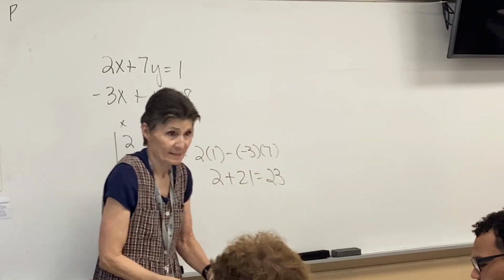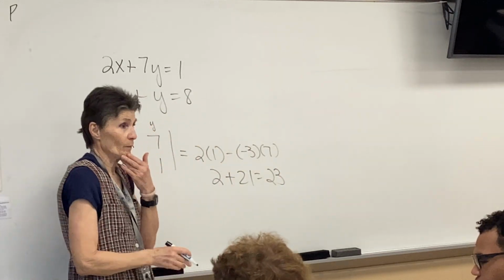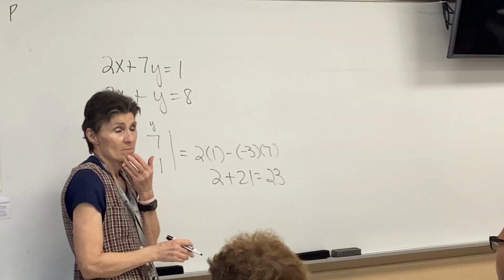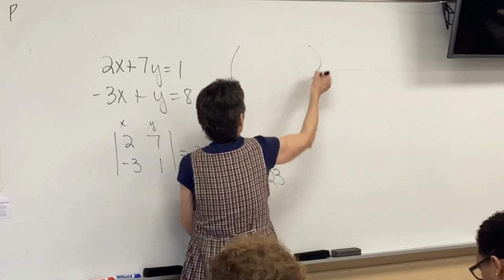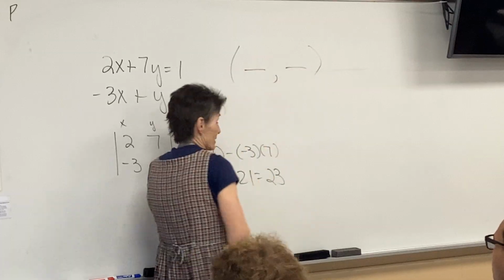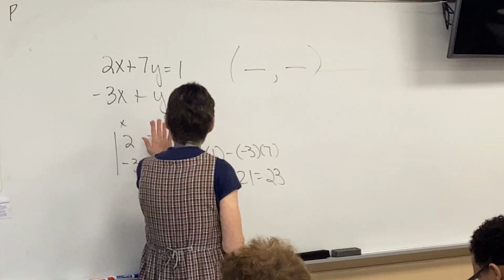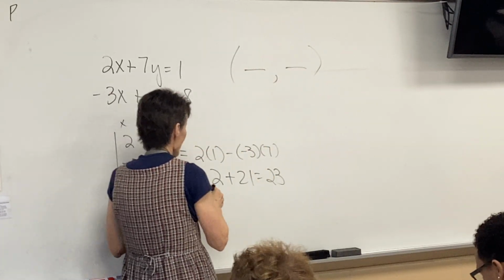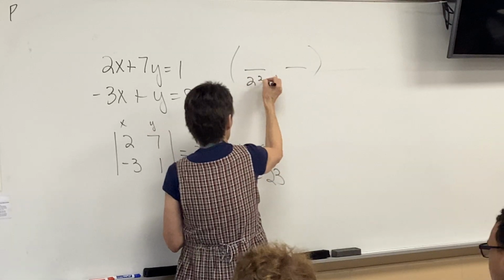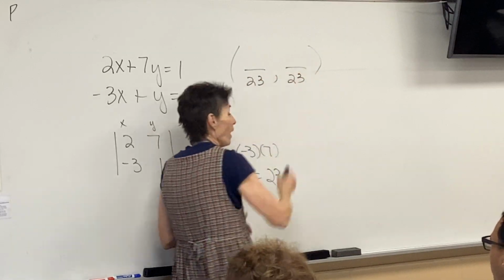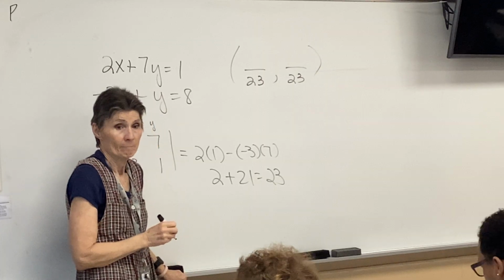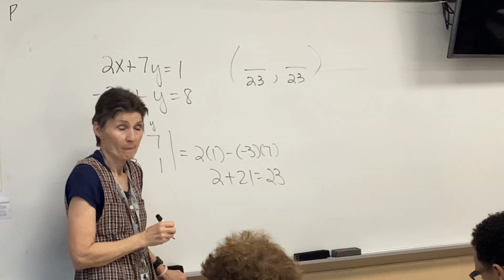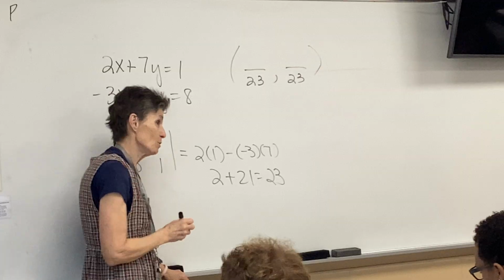Now, what is the significance of that? What do I do with that number? That's the denominator of my x and y. Remember, we're solving a system. So x is something over 23, and y is something over 23. Now, how do I find the numerators?